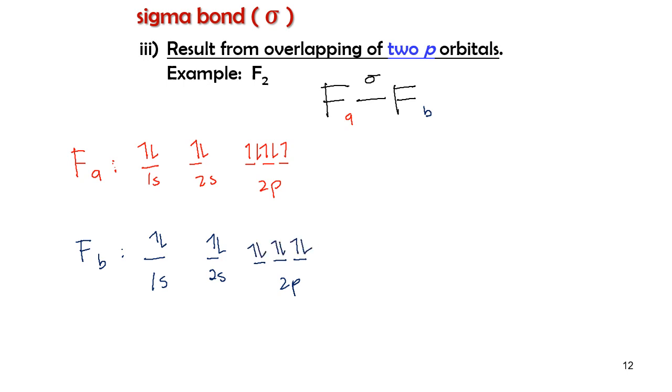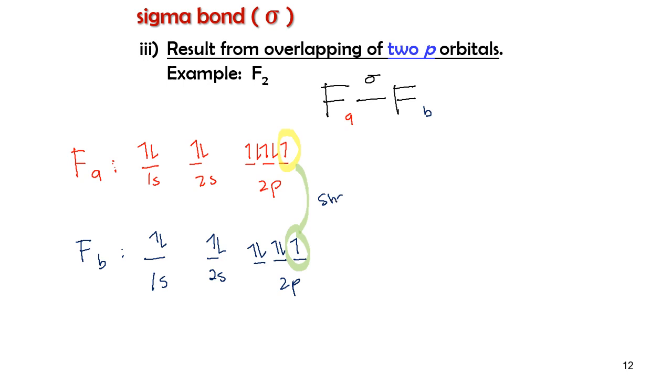So you can see one orbital in 2p has a single electron here. It will form a bond with another single electron from another atom. These two will be sharing.